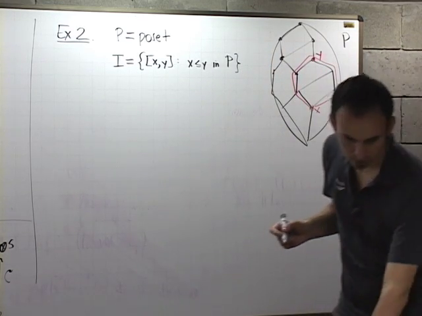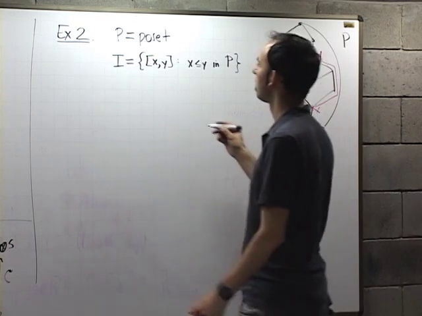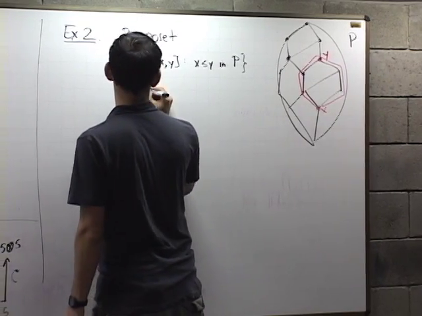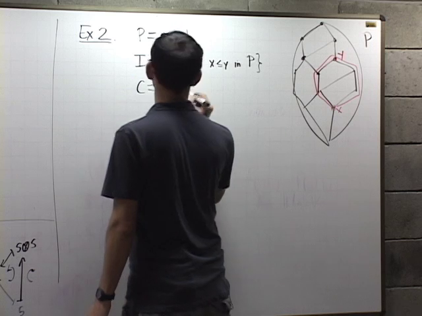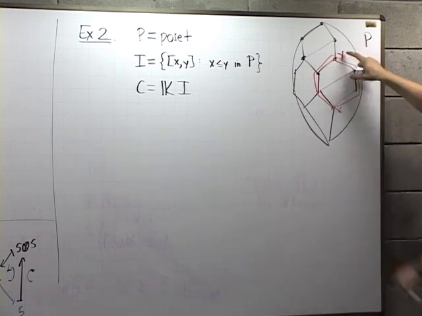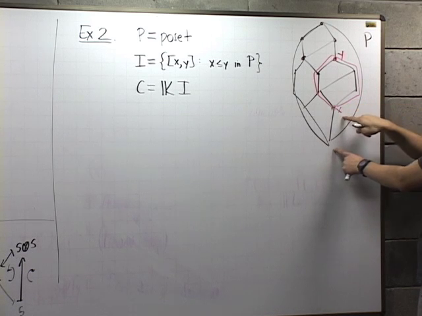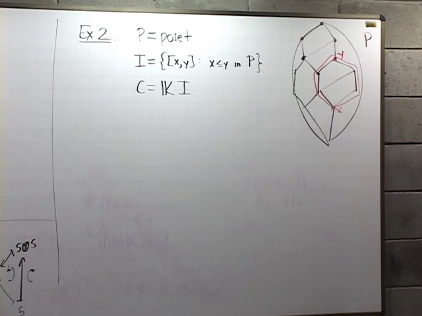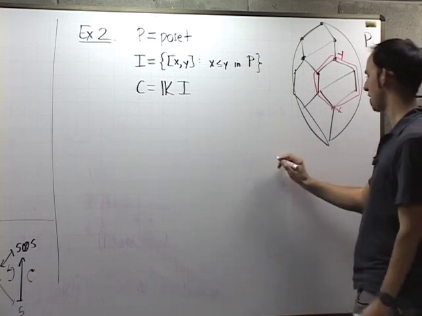And I'm going to let C be the linear combinations of intervals. So an element of the coalgebra is just going to be a sum of intervals: this interval plus this plus 2 times this interval, etc. Let me make sure that we're completely clear.